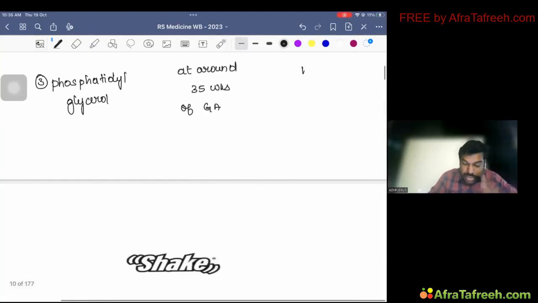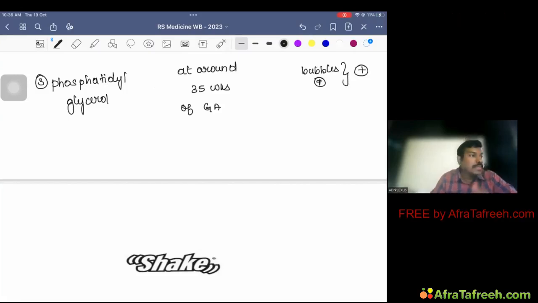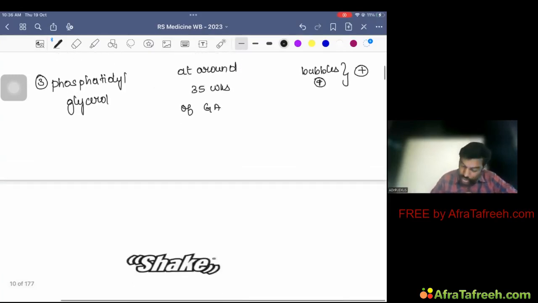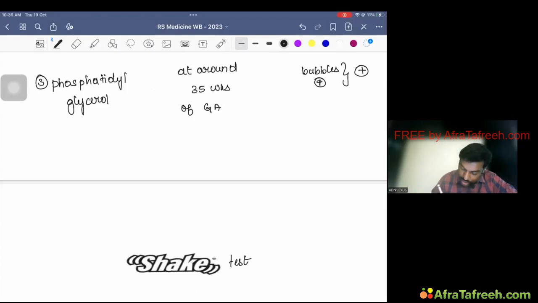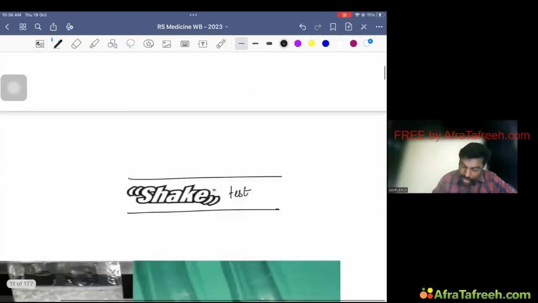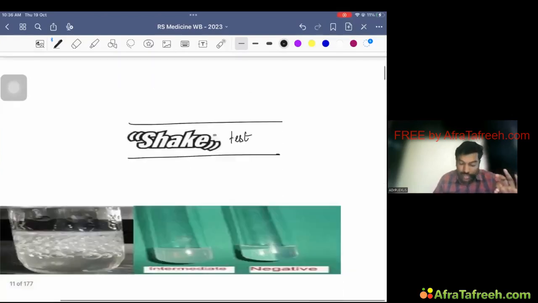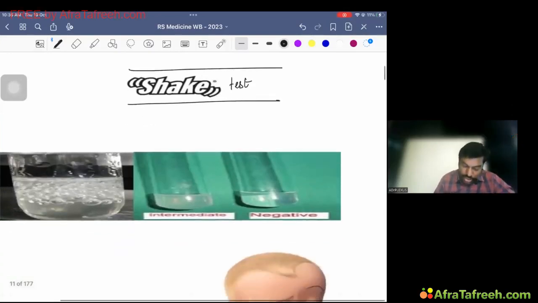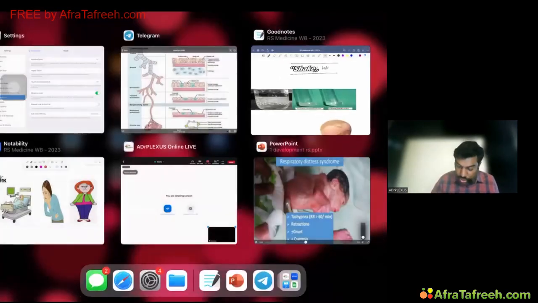If bubbles are present, then lung maturity is present, and this is done by a test called the shake test. The shake test is a subjective test where you take the amniotic fluid, put it in a test tube and shake it, and you can see bubbles like this. I will show you the shake test.